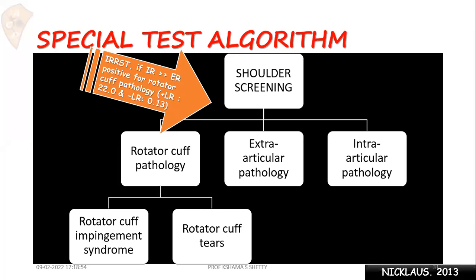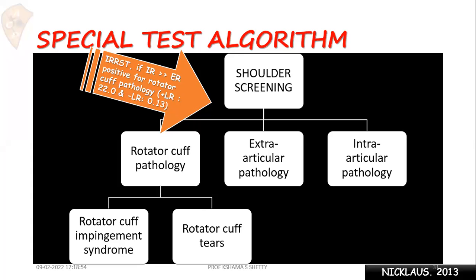Now, how you come to these three pathologies depends on your internal rotation resisted test. What he is trying to say is that if a condition comes to you and you do a screening by doing the internal rotation resisted test, and if your internal rotation MMT is greater than your external rotation MMT, that indicates that the person has rotator cuff pathology.